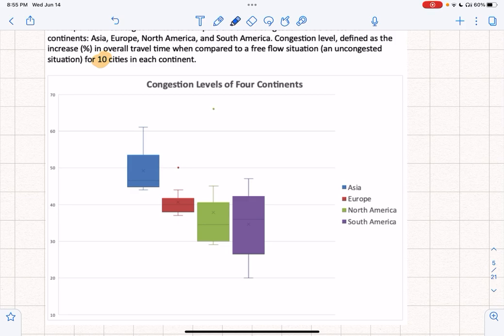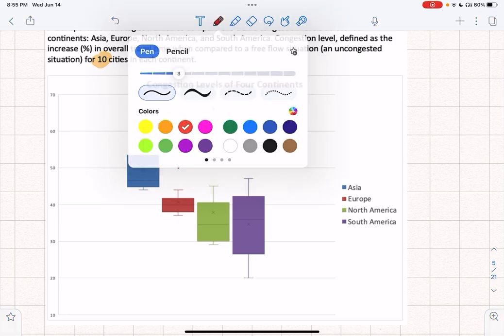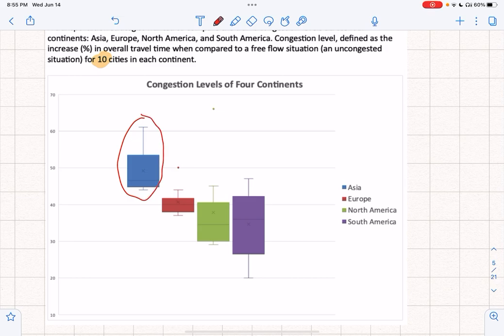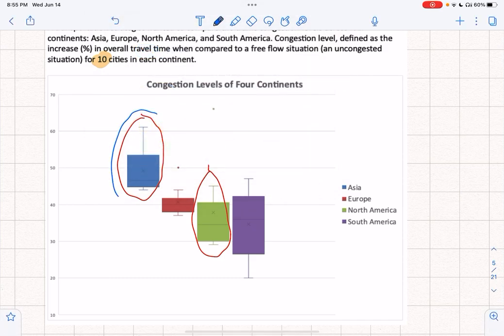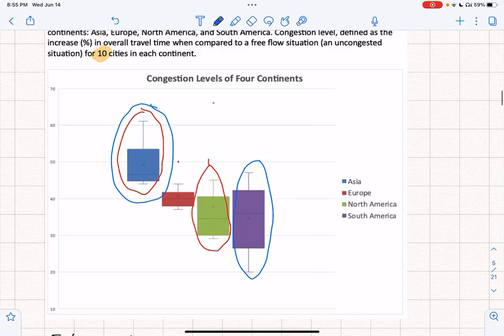We're saying that this is different from this, and this is different from this. Those are our differences. Asia is different from North America, and Asia is different from South America. Asia is not different from Europe. In fact, Europe's not different from anything, and North America and South America are also not different. Just looking at this visually, that makes sense.